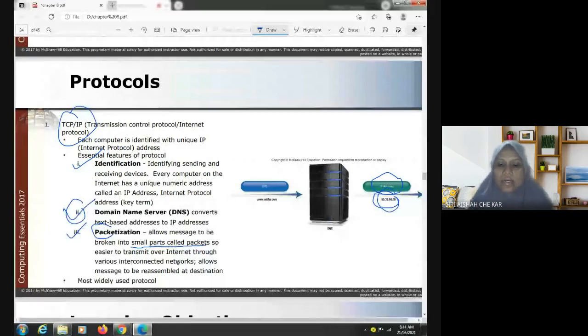Although the message is sent part by part, packet 1, packet 2, packet 3 and so on, because the transfer rate is so high, our eyes can't detect it. Kita nampak the video berjalan serentak. So these are some general briefings about the protocol. Sebenarnya ada banyak lagi detail, tapi kita ambil the basic one.